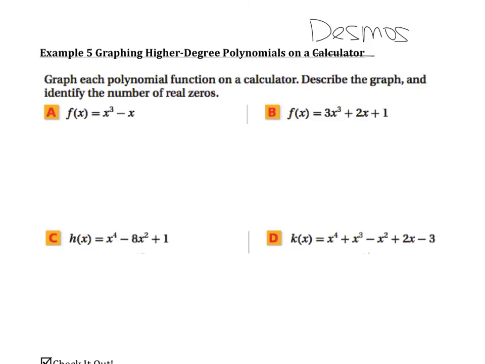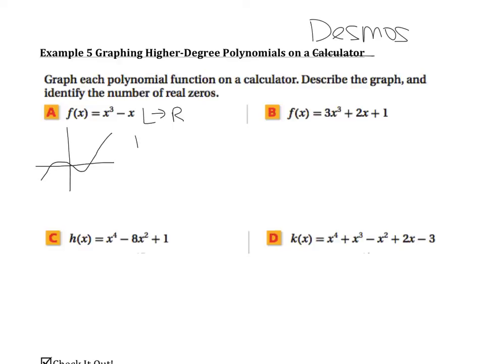So if you would graph the first one, x to the third minus x in Desmos, you just draw a general graph. It does not have to be really that great. And then describe it from left to right.